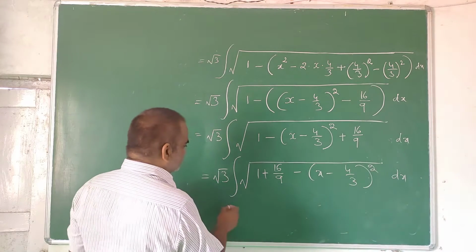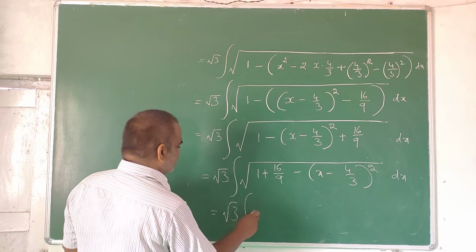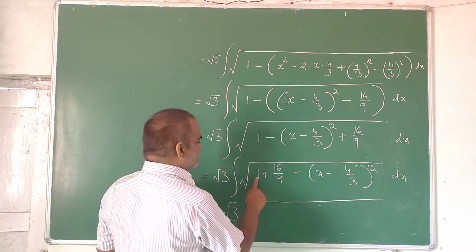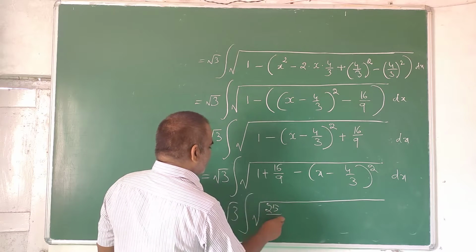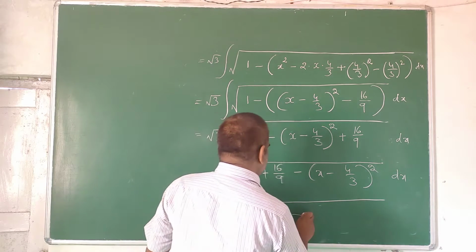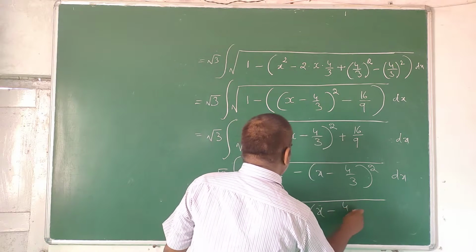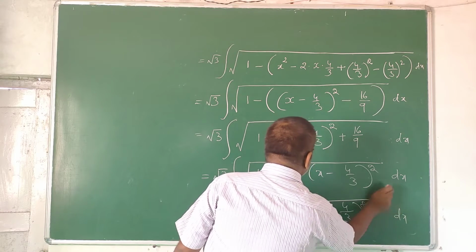So this is equal to root 3 into integral root over 9 ones are 9, 9 plus 16, 25. So 25 by 9 minus x minus 4 by 3 the whole square dx.